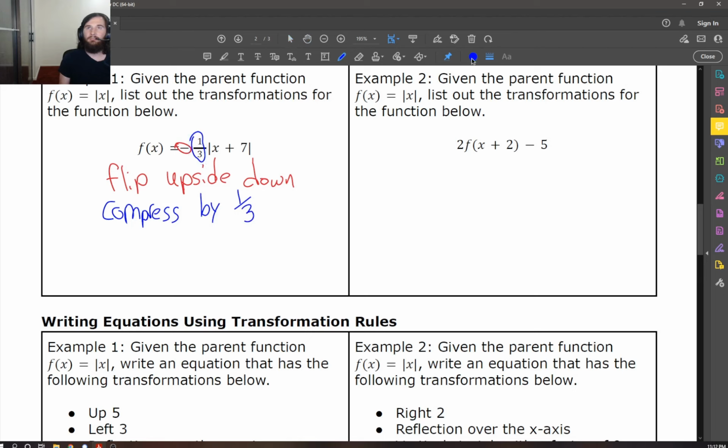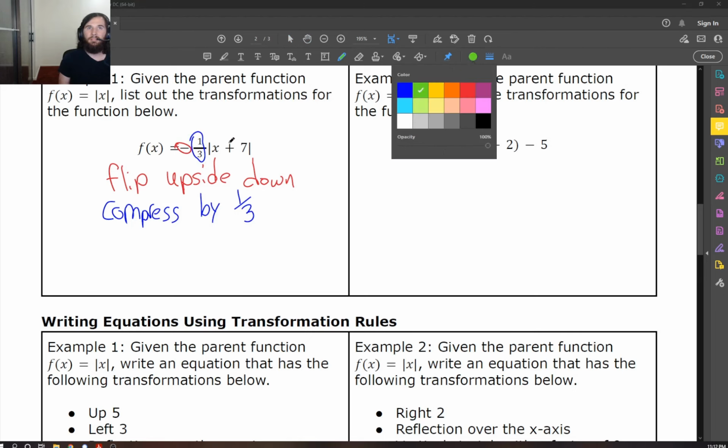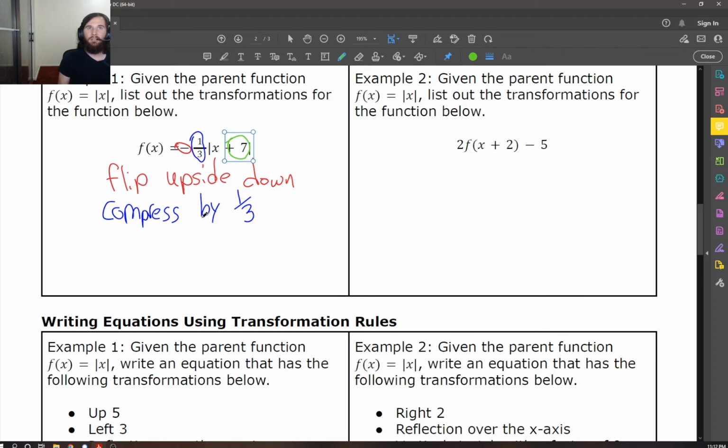And finally, let's look at the plus 7. Remember, if we're adding, we go to the left. So it's going to translate left 7 spaces.